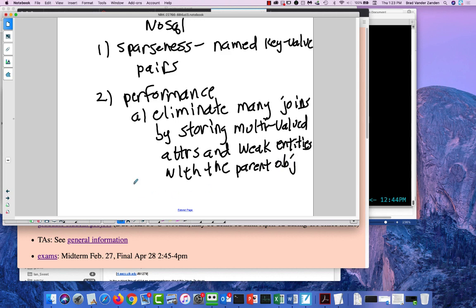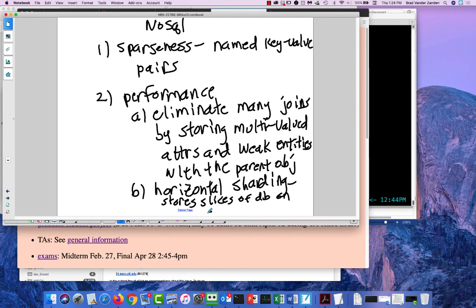They also get it by using a concept called horizontal sharding. That is, they distribute parts of the database across multiple servers. So horizontal sharding stores slices of the database on different servers.